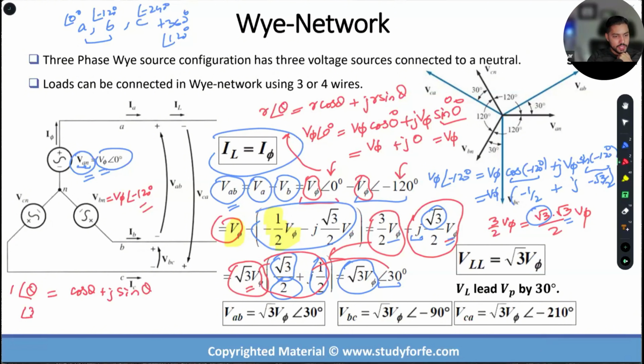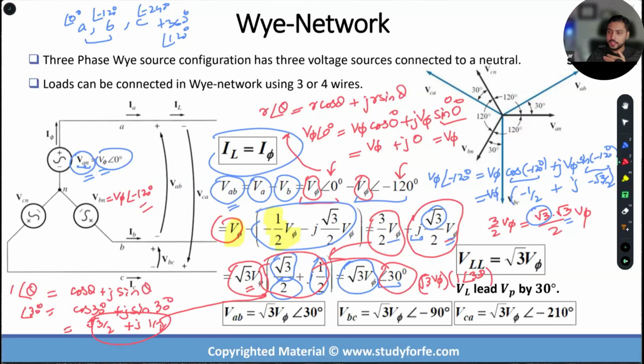And if I have this as 30 degrees, this is cosine 30 degrees plus j sine 30 degrees, which is equal to square root 3 by 2 plus j half. And that's exactly what I had in this bracket. So this is basically, if you want to further break it up, it's square root 3 V phase multiplied by 1 times phase angle of 30 degrees.